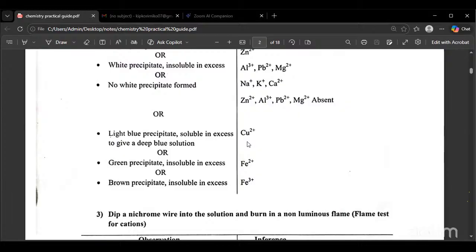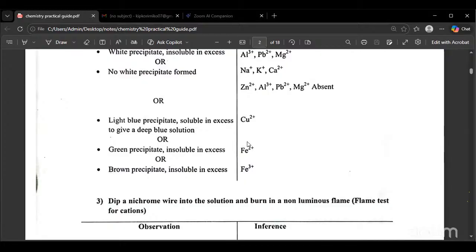And there's a reason for doing that. When you are doing the test for cations using a flame test, you make sure that the air hole is open, so that there is full or complete combustion, so that it produces the blue flame.